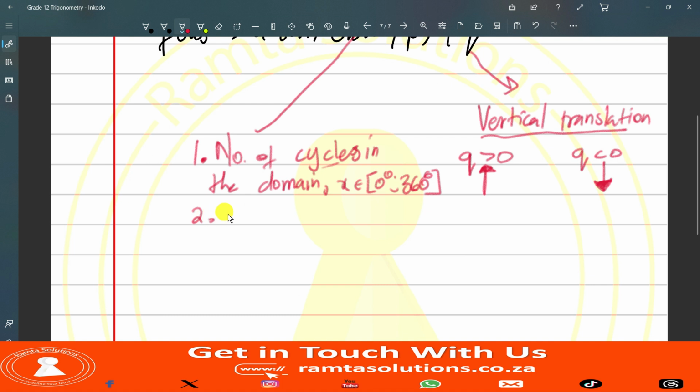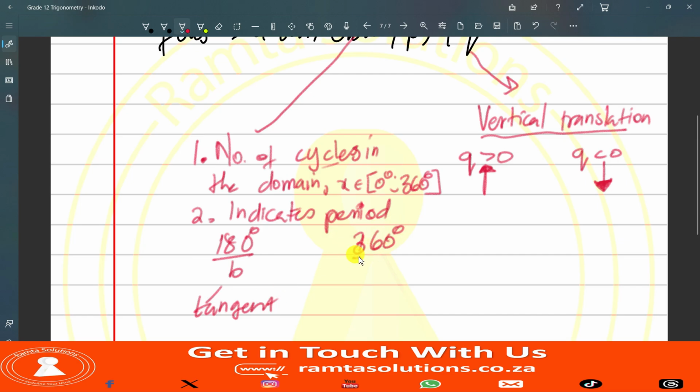Secondly, it indicates the period. That period could be 180 degrees over b, when you're looking at tangent, or 360 degrees over b, when looking at sine and cosine graphs.